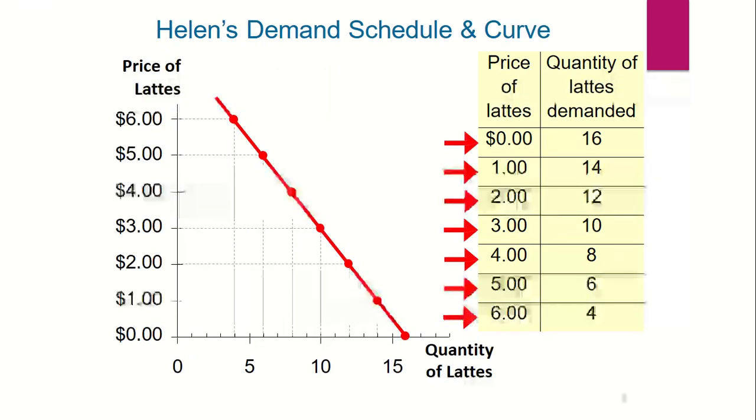Helen's demand schedule and curve. With an inverse relationship, we graphically see a negative, or downward sloping, curve. So we are going to put Helen's demand schedule onto a graph. The vertical axis represents the price of lattes, and on the horizontal axis, the quantity of lattes is present.